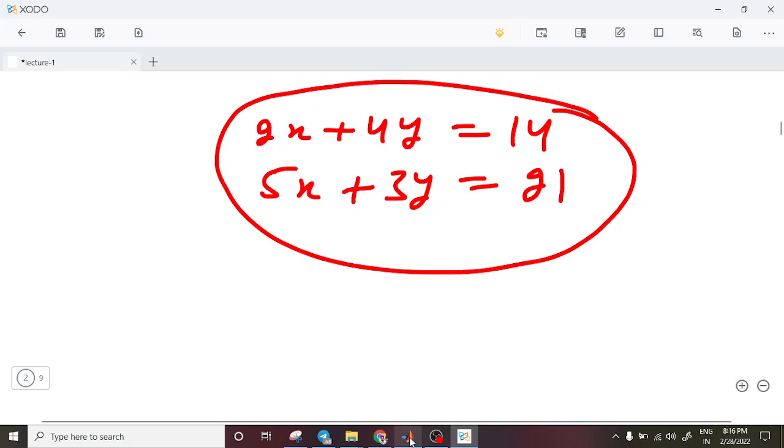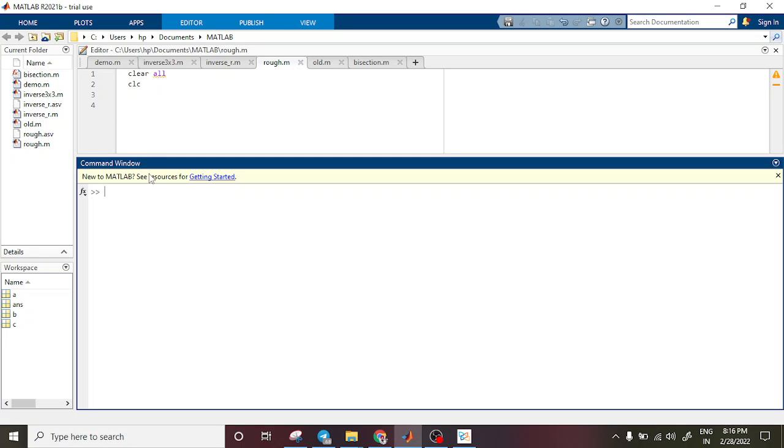First you write a, you can write a or b, it does not matter. Bracket start, 2 space 4 space 14, semicolon. These three will be in the same row, and semicolon means moving to the next row, the second row. Now I'm writing 5 3 and 21. So if I end it, I get a 2 by 3 matrix.